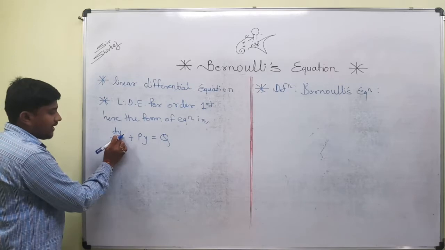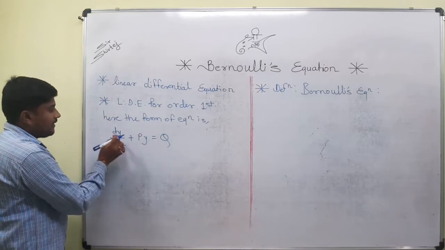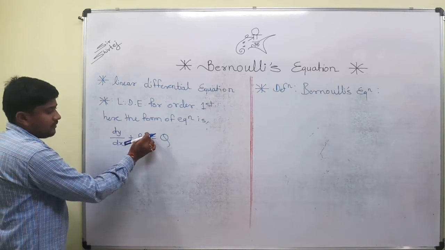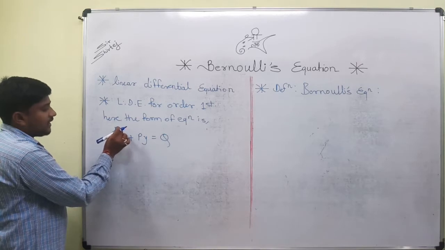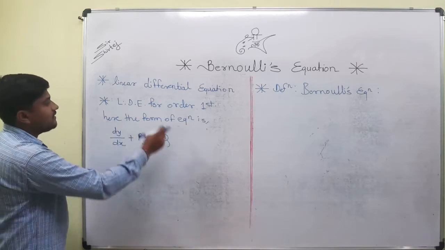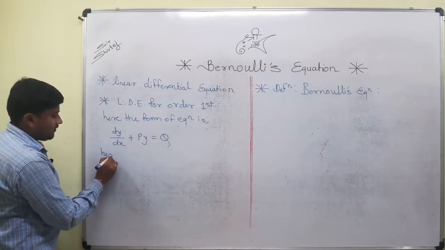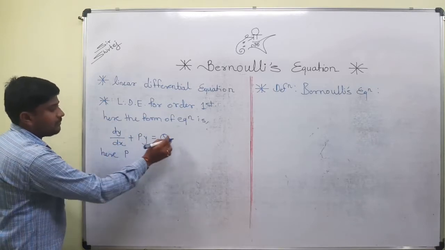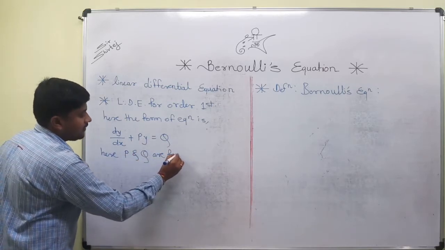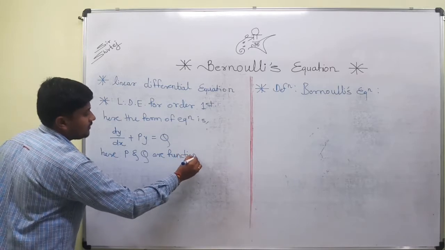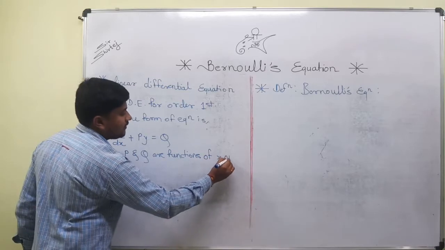Here y is the dependent variable and it has power 1, and dy by dx, the derivative of y, has power 1. Therefore it is a linear differential equation. And here capital P and capital Q are functions of x only.